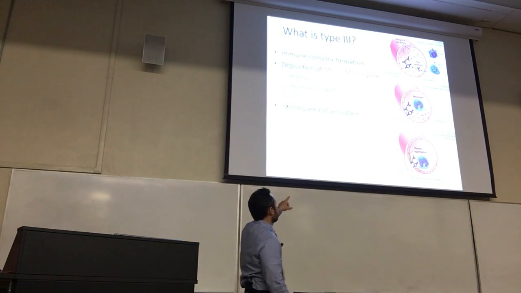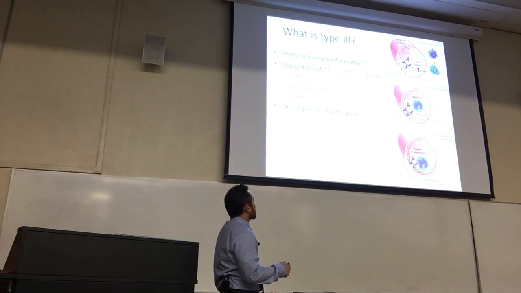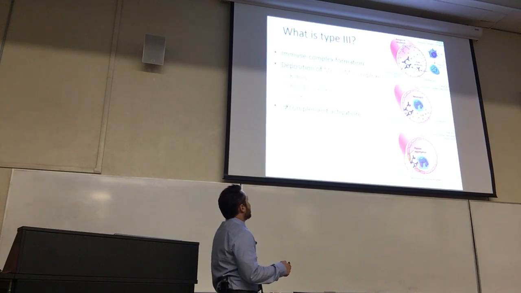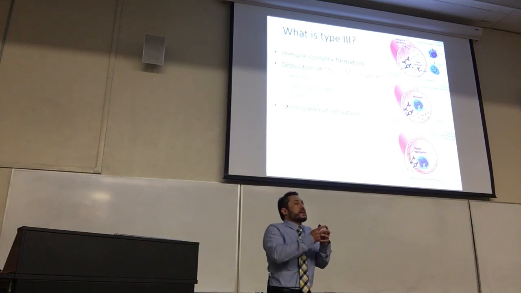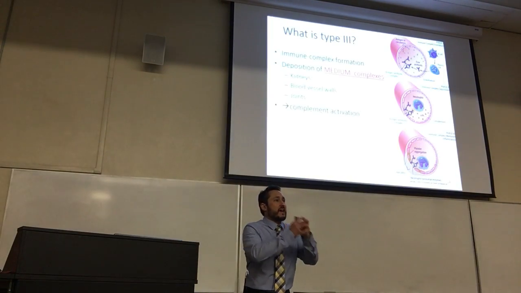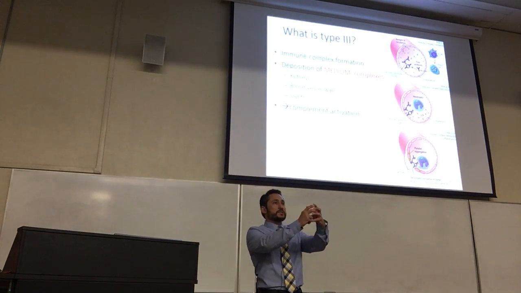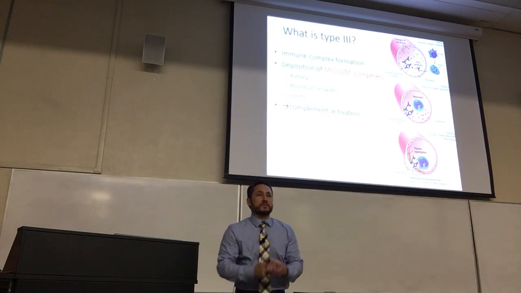But in type 3, we make an antibody that gets into the bloodstream and it finds an antigen and then it starts to precipitate or agglutinate. And that structure is what gets lodged or stuck somewhere.